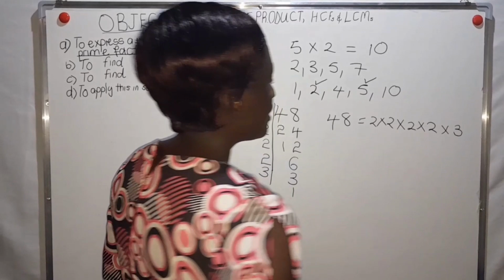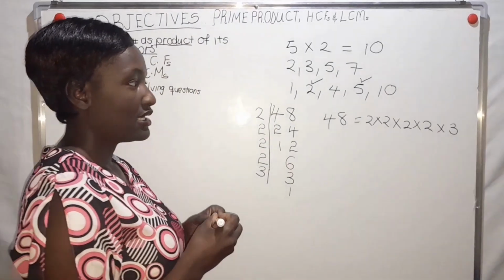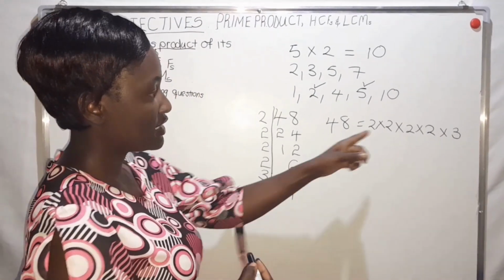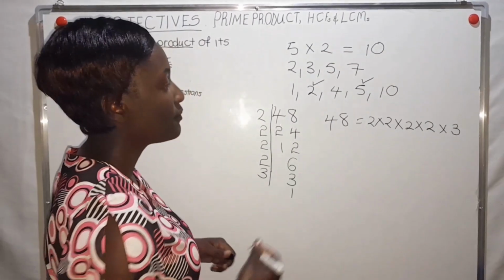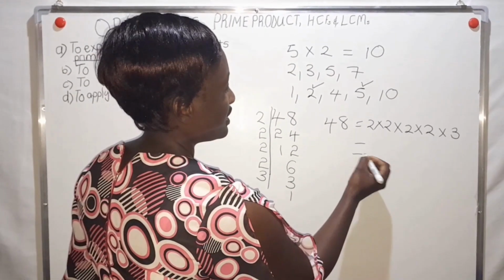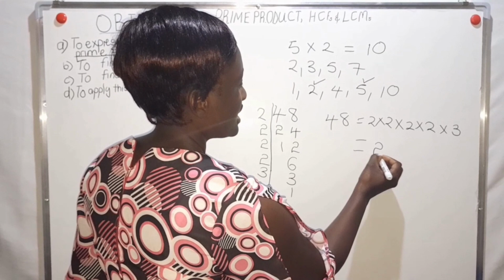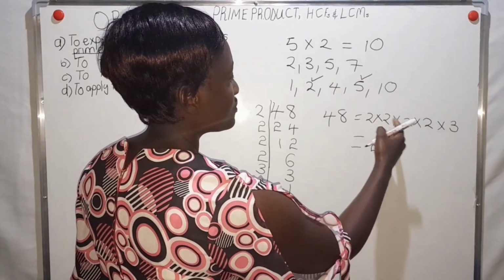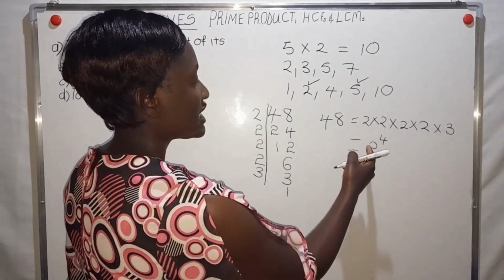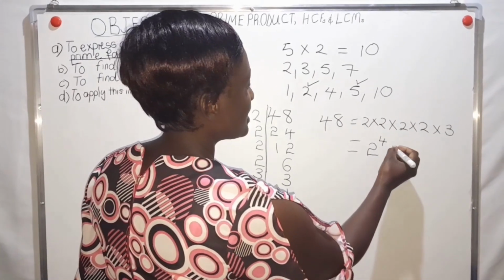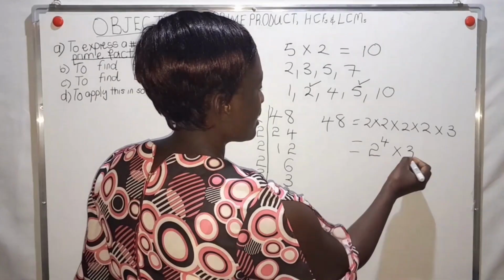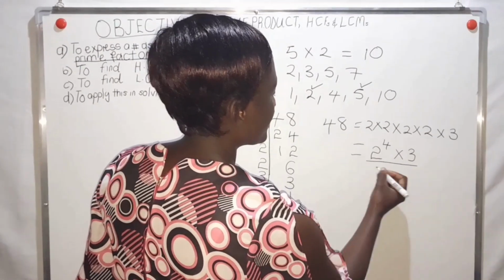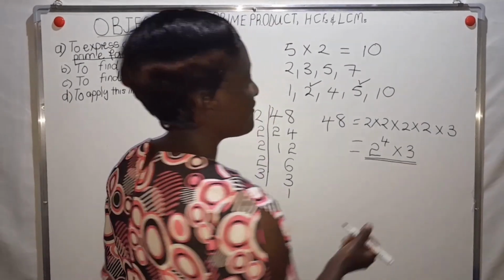So we need to express this in index form. We are going to say 2 to the power of 4, because we have 2 times 2 times 2 times 2. So we have 2 to the power of 4 times 3. This is how we express a number as a product of its prime factors.